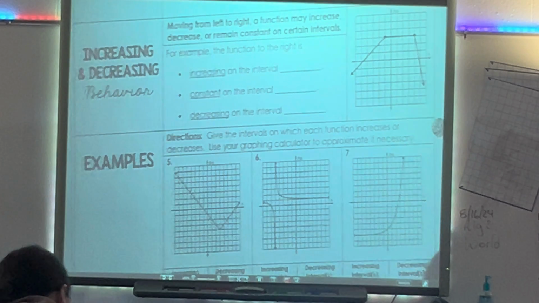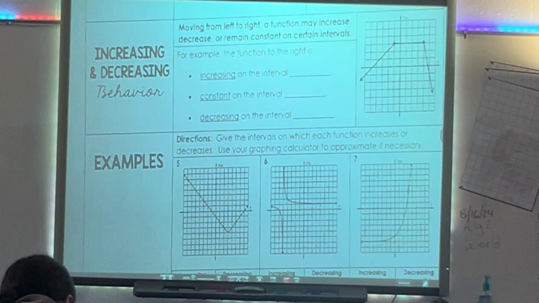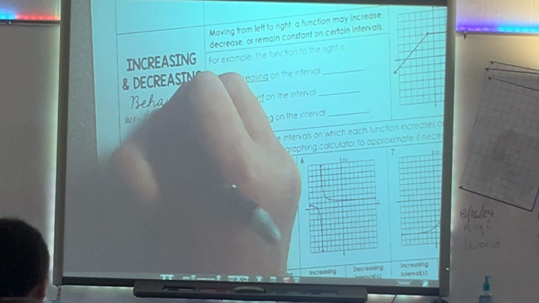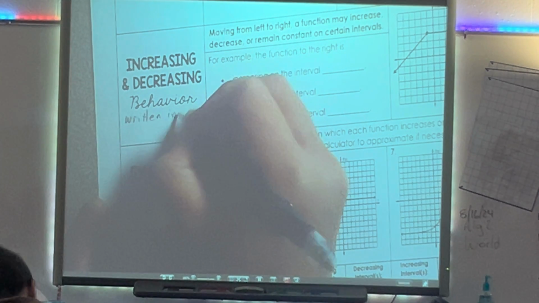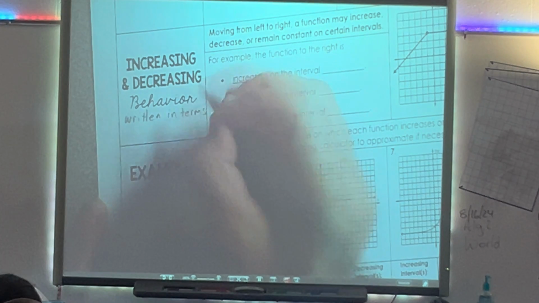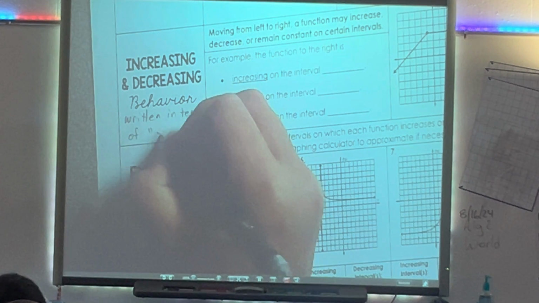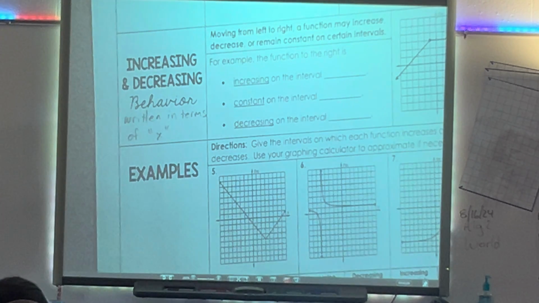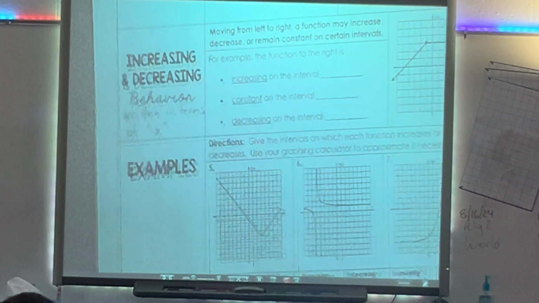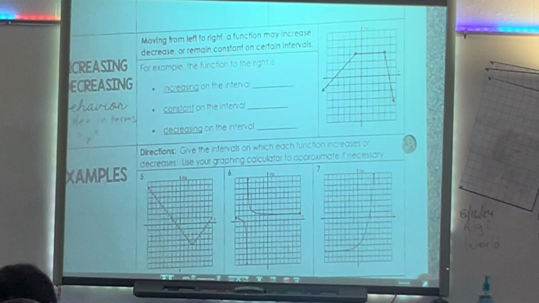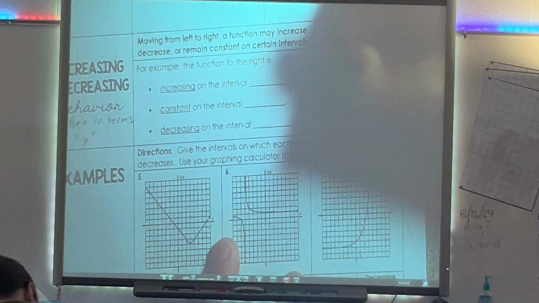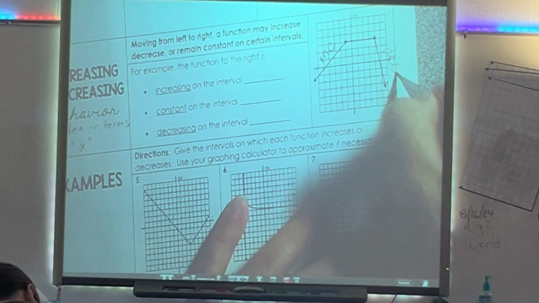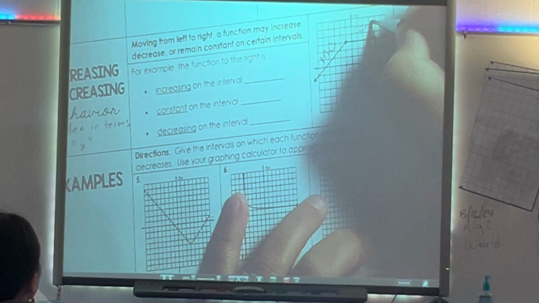Okay, so we're gonna talk about increasing and decreasing behavior. Just as a reminder, these are written in terms of X. So we're looking at it up and down, but we've gotta write it from left to right. Sometimes they can throw you off, so we have to be really careful. Looking at this graph, I'm increasing here, decreasing here, and constant in this area.